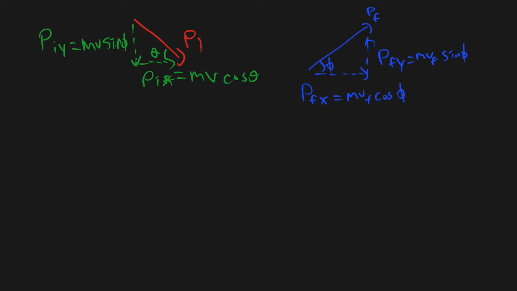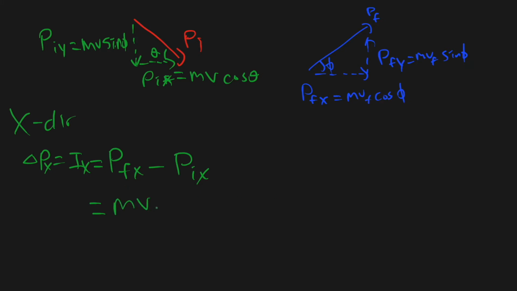For the x direction, the change in momentum is equal to impulse. So it is going to be your final horizontal momentum minus your initial horizontal momentum. Your final horizontal momentum is pointing in the rightward direction, so it has a positive sign: mvf cosine phi.